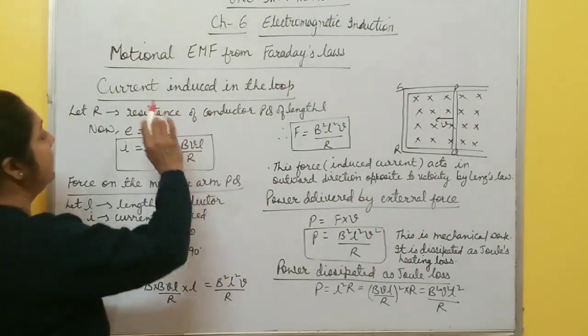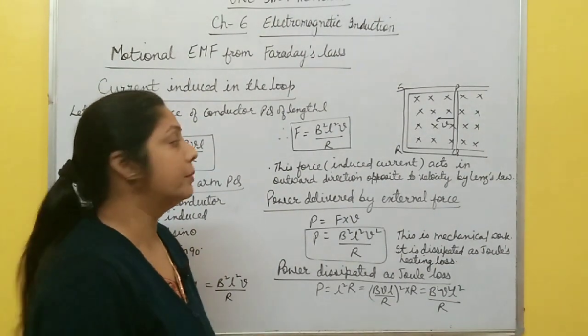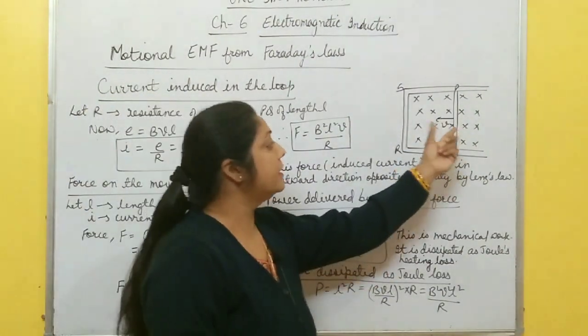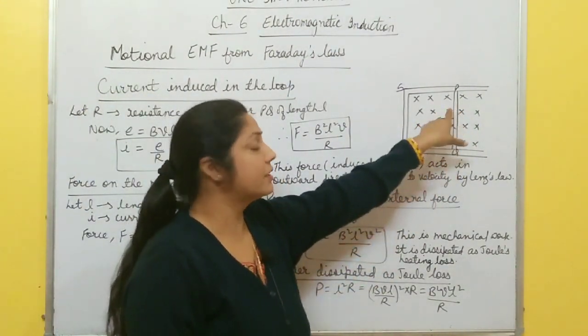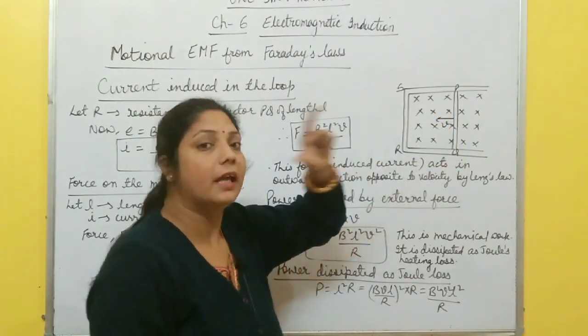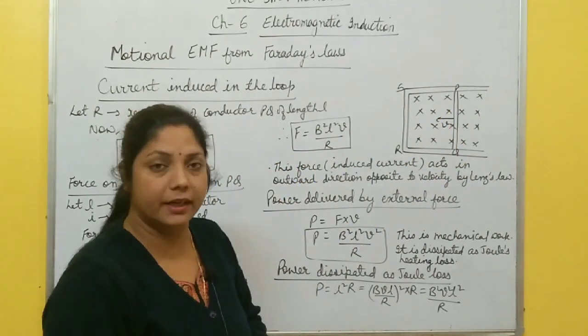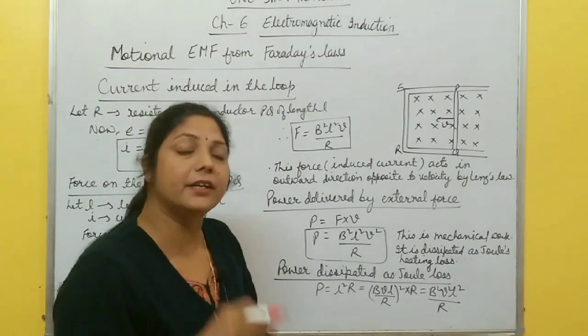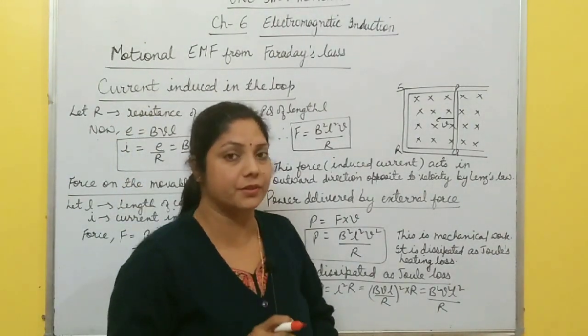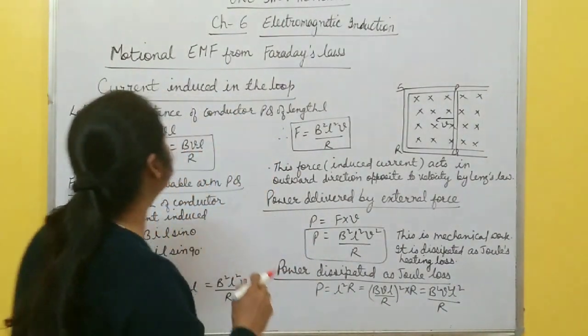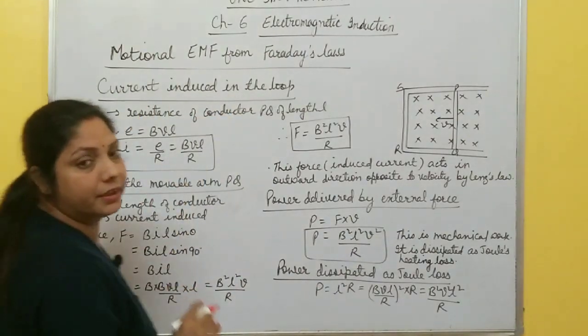Now, the current induced in the loop. You know, when a conductor is moving normally across a uniform magnetic field, an EMF is induced across the ends of the conductor, and due to that induced EMF, current is induced in the conductor. So how much current is induced in this loop?